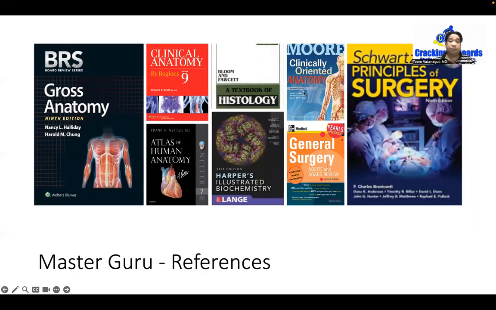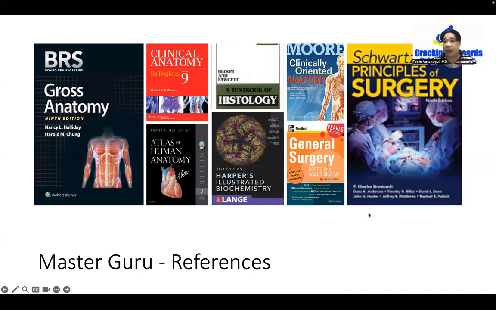Now, these are the official references that I'm using for this module. You will notice that it basically has all of the anatomy references in the syllabus, from Clinical Anatomy by Regions by Richard Snell to Moore's Clinically Oriented Anatomy, plus, of course, our ever reliable Frank Netter Atlas, and some recent things that popped out, which were particularly about BRS anatomy.